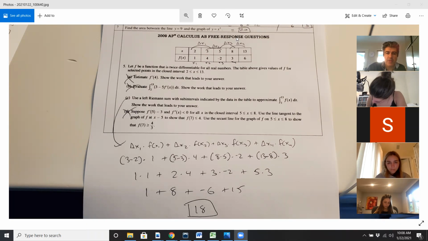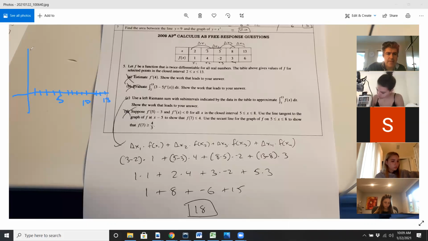But I'll do that anyway, just for sake of visualization. So if I were to make a quick sketch: 1, 2, 3, 4, 5, 6, 7, 8, 9, 10, 11, 12, 13.